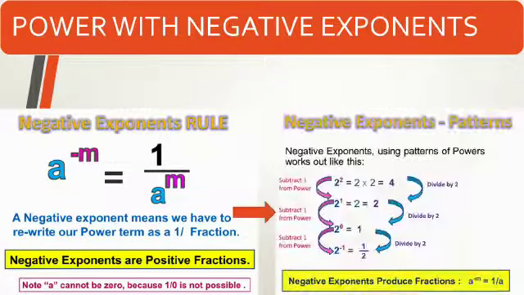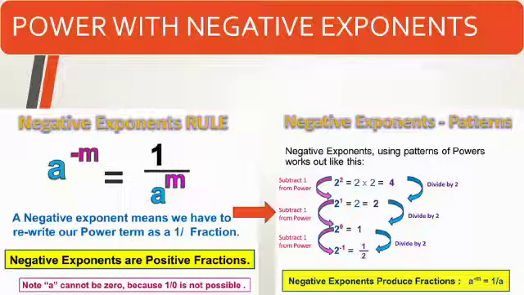Negative exponents pattern. See here how the negative exponent pattern works out. Subtract from the power. Suppose 2^2 equals 2 into 2 equals 4. After reducing the power, we get 2^1 equals 2. Again we have to divide by 2.